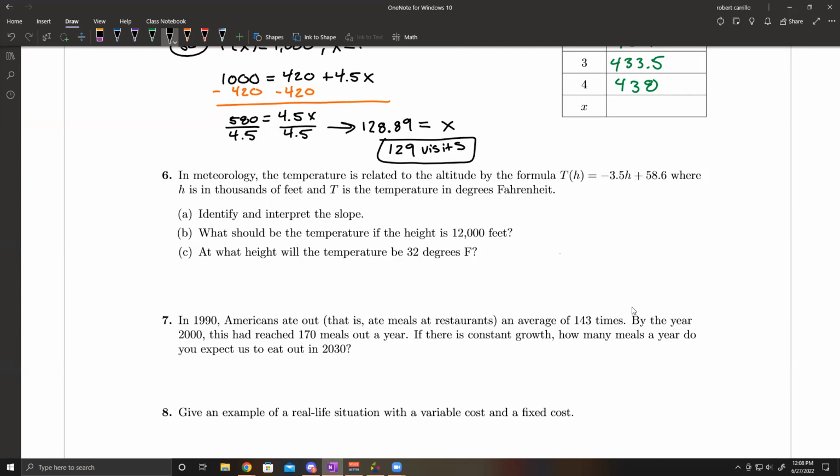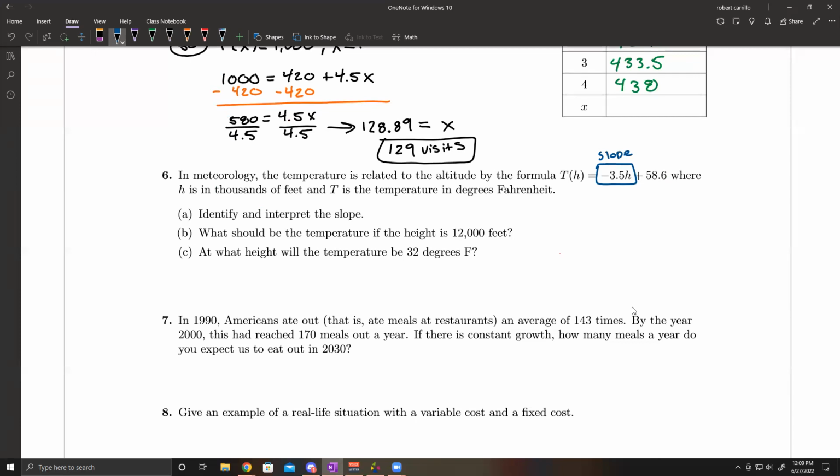Identify and interpret the slope of this function. Looking at the function given, T of H equals negative 3.5H plus 58.6, so your negative 3.5 is going to be your slope.